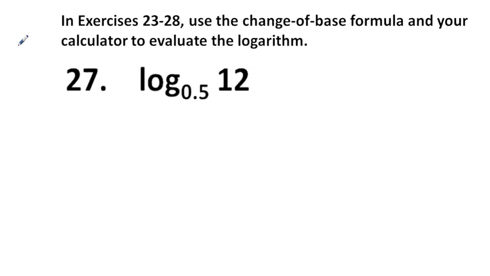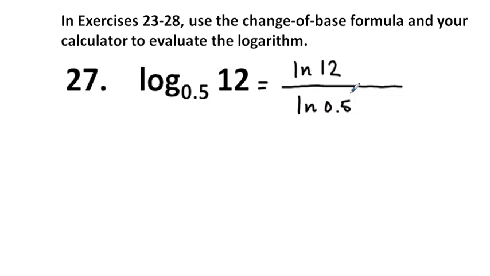Next odd number problem, which is 27. I'm going to rewrite log base 0.5 of 12. It's asking, what power do we raise 0.5 to in order to equal 12? Since 0.5 is less than 1, we should get a negative answer, but we just use our change of base formula. We use the natural logarithm again: the natural logarithm of 12 divided by the natural logarithm of 0.5.